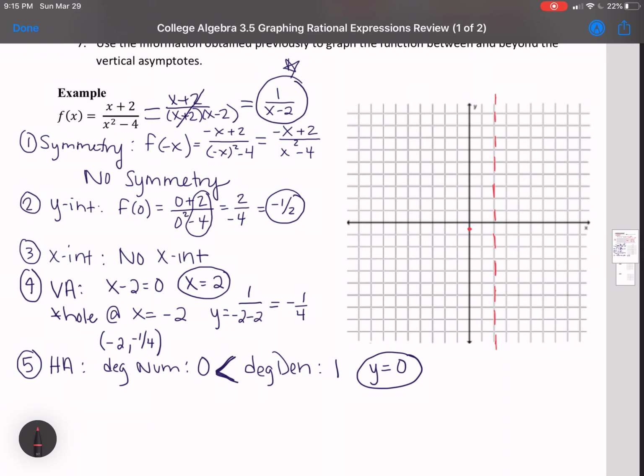And then we have a hole at -2, -1/4. And then we have our horizontal asymptote at y equals 0. I'm going to do that slanted so it's a little easier to see on the x-axis.